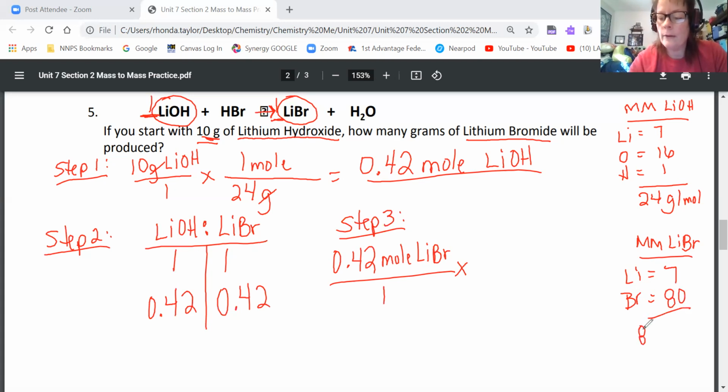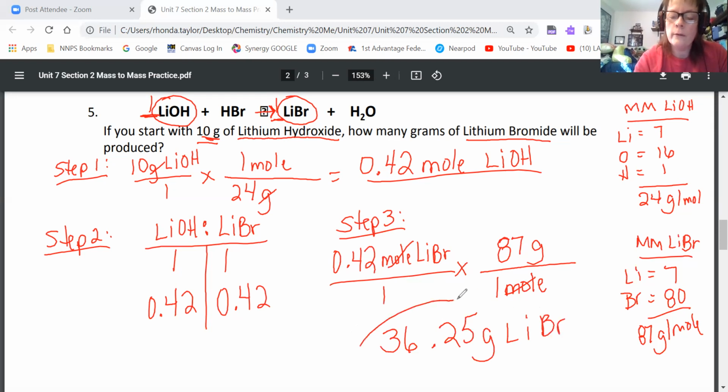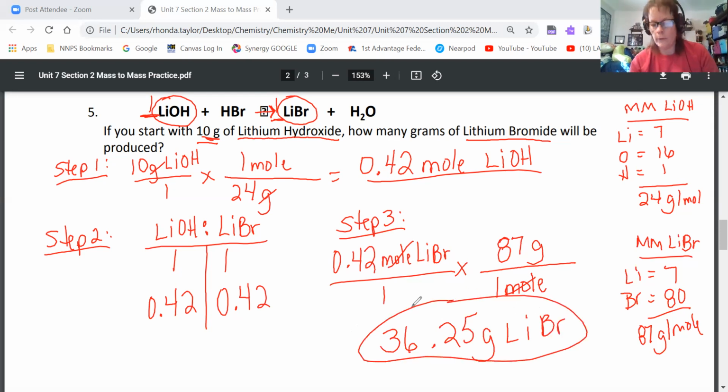So 87 grams per mole for lithium bromide. Again, put moles on the bottom of this fraction so that we can cancel them out because we want to be left with grams. Okay, so when you do the math for that, you should end up with something like 36.25 grams of lithium bromide. So that's your answer for number 5.